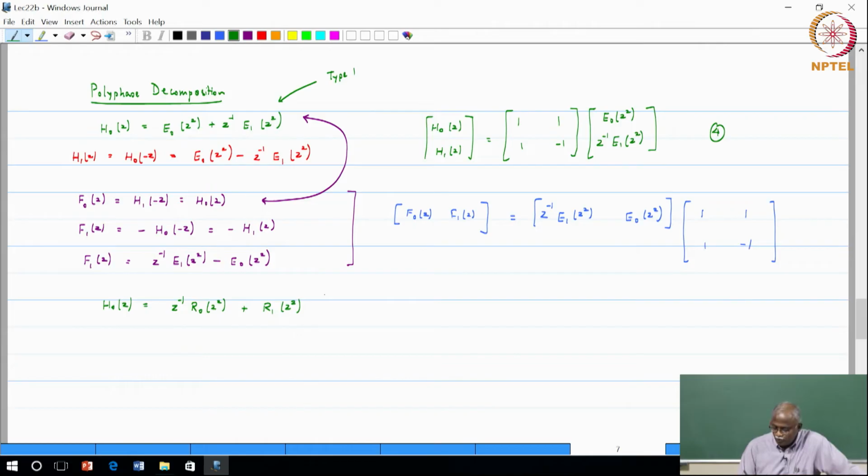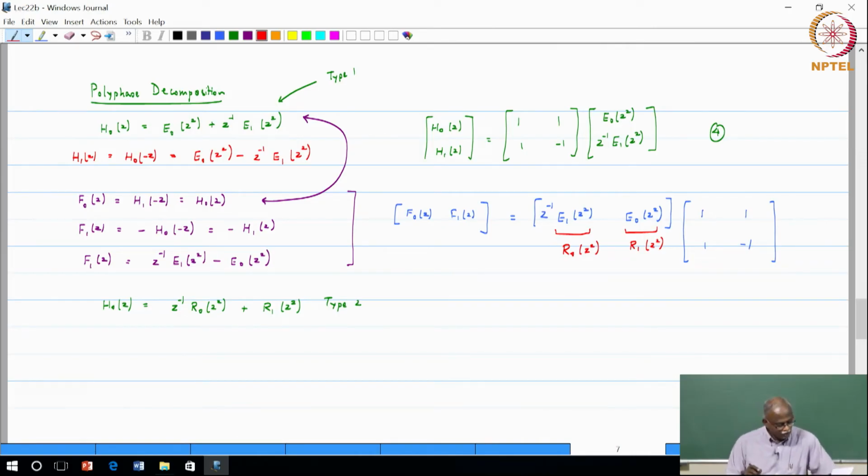So, this is type 2 polyphase decomposition. If you go back and look at your notations, again we do not use it too often. So, we did not specify too much, which basically means that this has been labeled as R naught of z squared and this has been labeled R1 of z squared. Okay. So, basically if I do that correctly, yes, I get the correct representation.